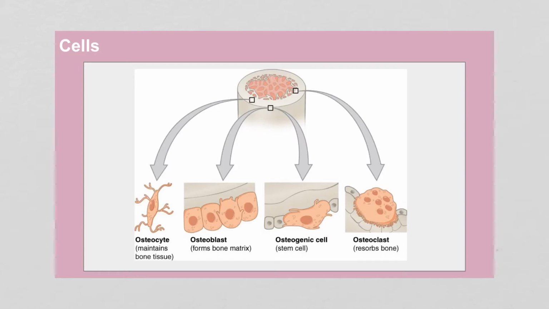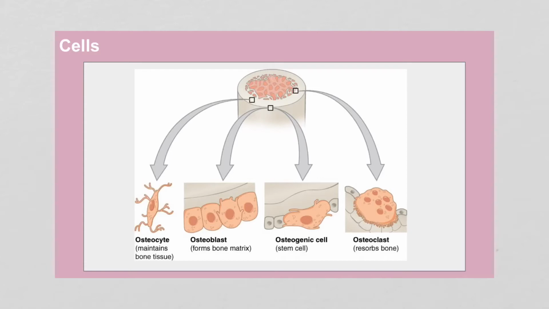The next cells that we're going to talk about are those osteoblasts, and those are over here. Whenever you see the word osteoblast, I want you to think B is for builder, because osteoblasts are the bone building or bone forming cells. They secrete unmineralized matrix that's called osteoid. Most of osteoid is collagen, and it also has some calcium binding proteins.